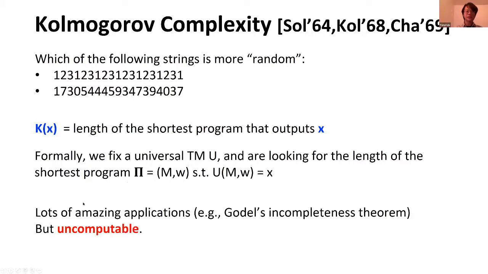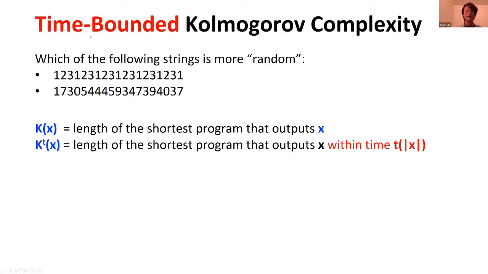The notion of Kolmogorov complexity has a lot of amazing applications, such as proving Gödel's incompleteness theorem, but unfortunately it is uncomputable. So instead, we consider the notion of time-bounded Kolmogorov complexity. Let K_t of x denote the length of the shortest program that outputs x within time t of the length of x.